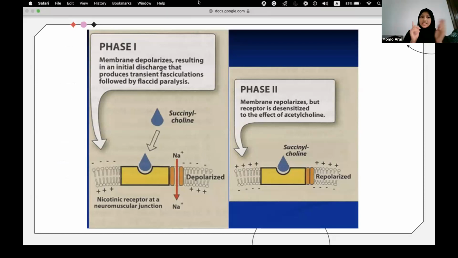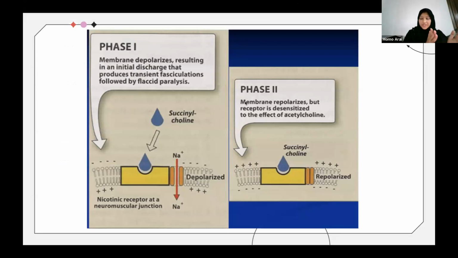You have two phases. In phase 1, you have fasciculations or contractions for a while. And then in phase 2, because it's being stimulated too much, you have paralysis, okay? You can see the receptor is desensitized to the effect of acetylcholine. Does that make sense now? Clear? Okay, that's good.